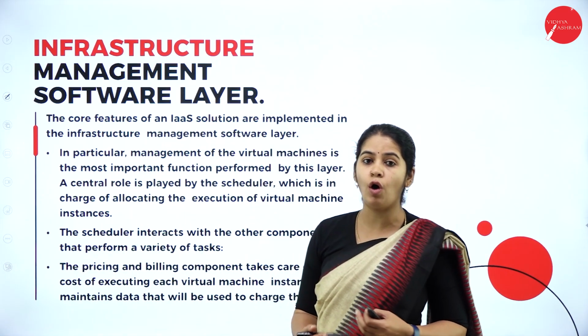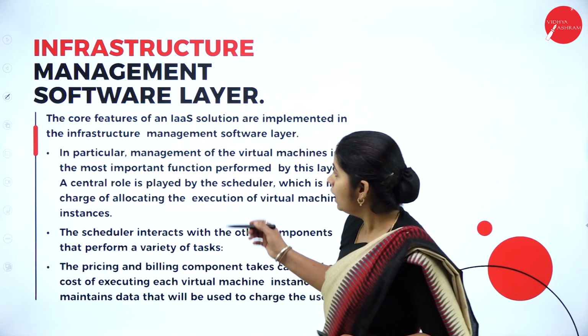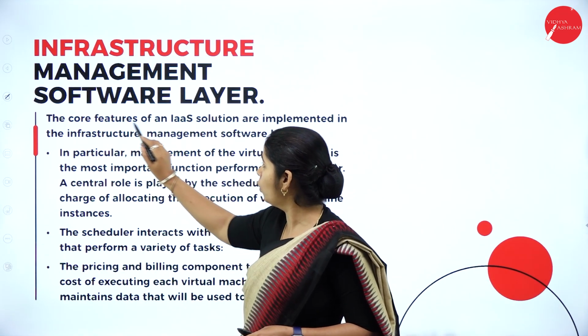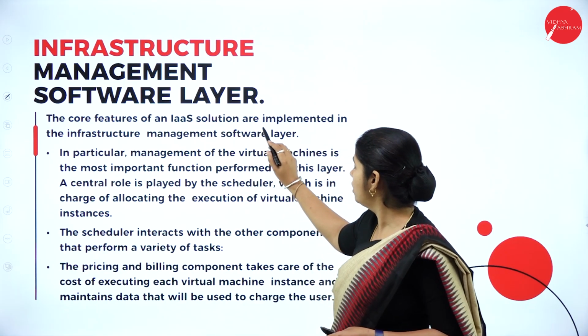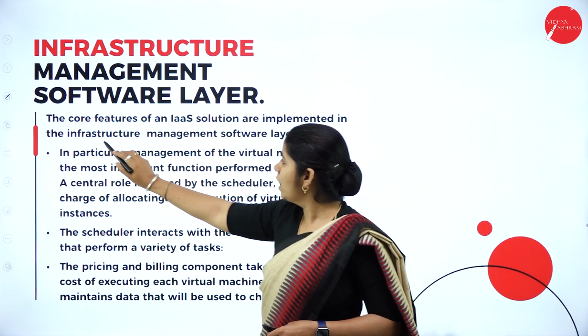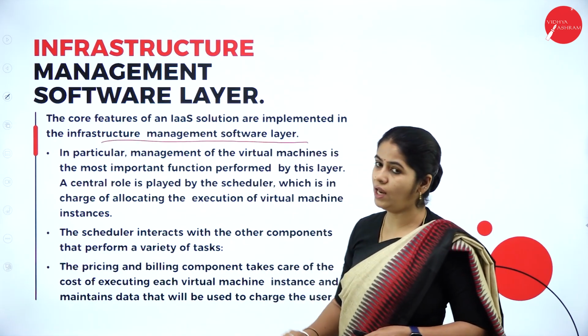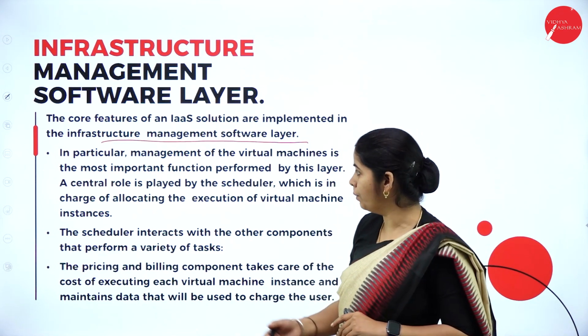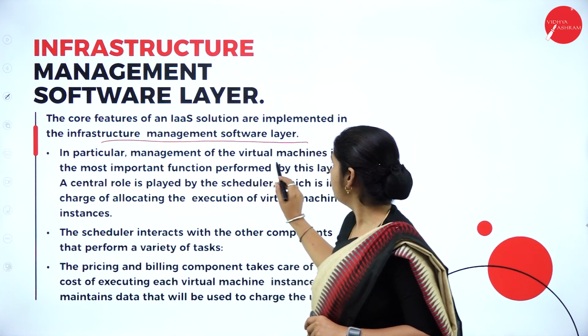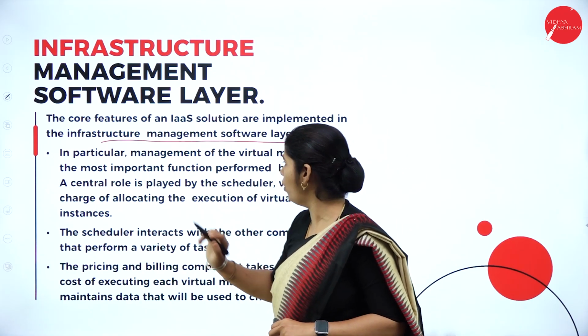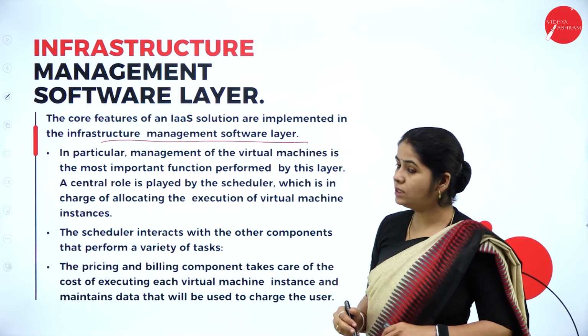The second one is the software management infrastructure. In it, the core features of an IaaS solution are implemented in the infrastructure management software layer, that is the middle layer. In particular, management of the virtual machines is the most important function performed by this layer.